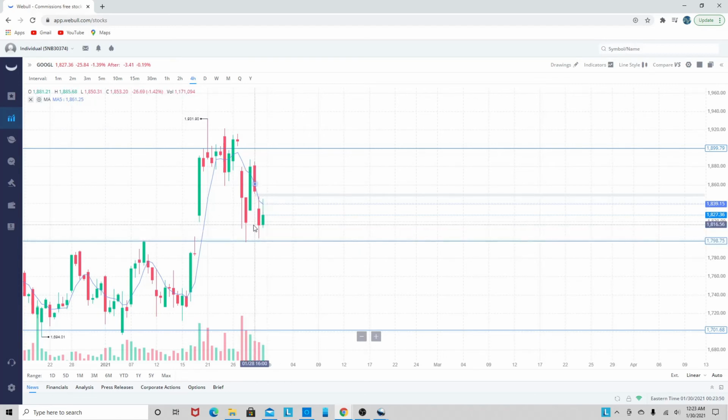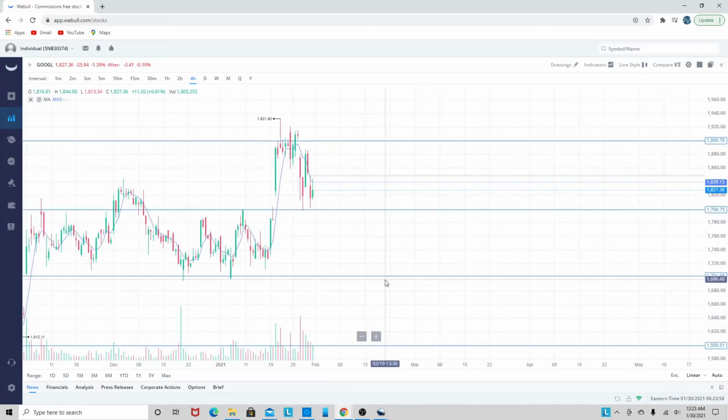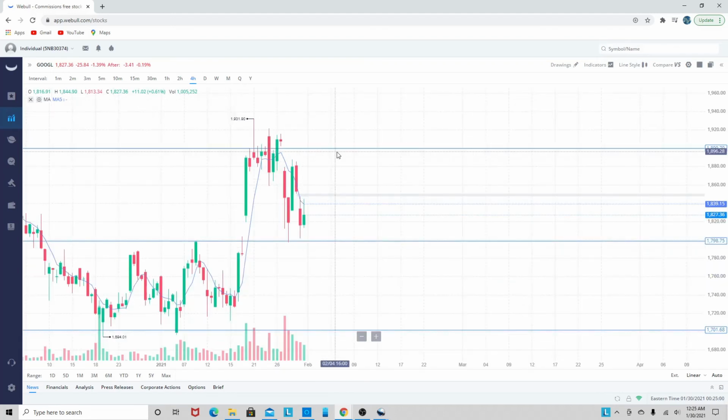We'll keep an eye on that and see what happens if it does fall below that support. We know that we have our $1,700 as our next support below that, so we're going to have to watch that and see. As the price gets closer to our $1,800 support right here, it definitely is in a buy zone if it does hold the support line.